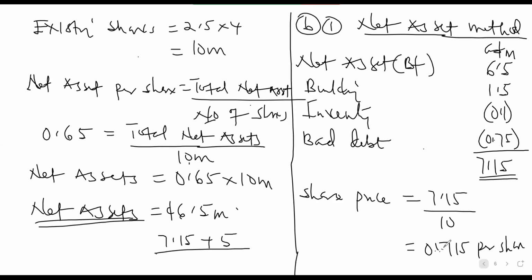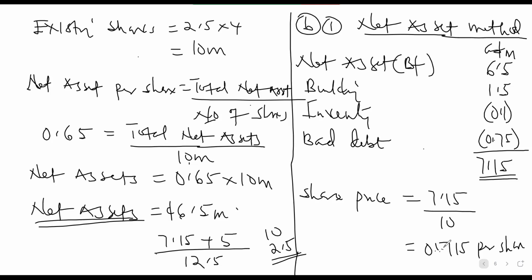Then you divide by 12.5 million shares, because you have existing shares of 10 million and the rights issue brings 2.5 million shares. Your net assets increase by the 5 million the rights issue brings, and the shares increase by the shares you issue. So that will be 12.15 divided by 12.5. That will be the value of a share following the rights issue.